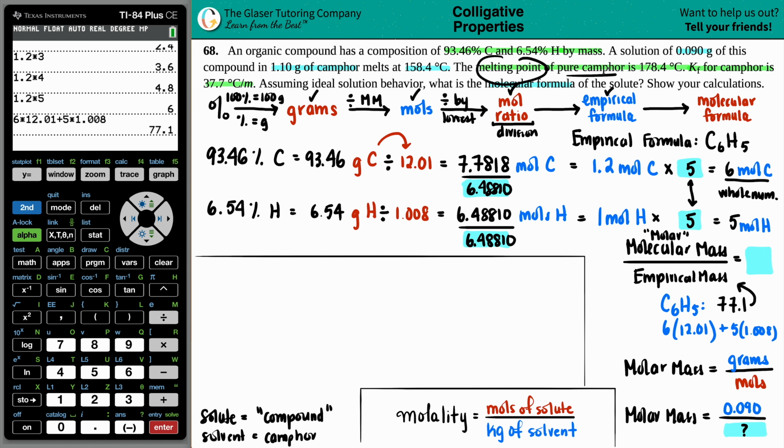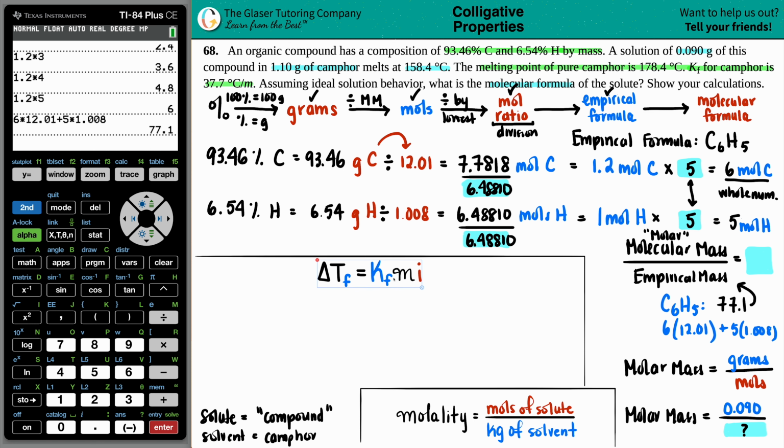They told us that the pure melting point of camphor was 178.4, and they gave me a KF value, the one that has units. That's the freezing point depression constant. So, I know a formula that uses a KF value, and that's this right here. So let's see, maybe we can work with this now.